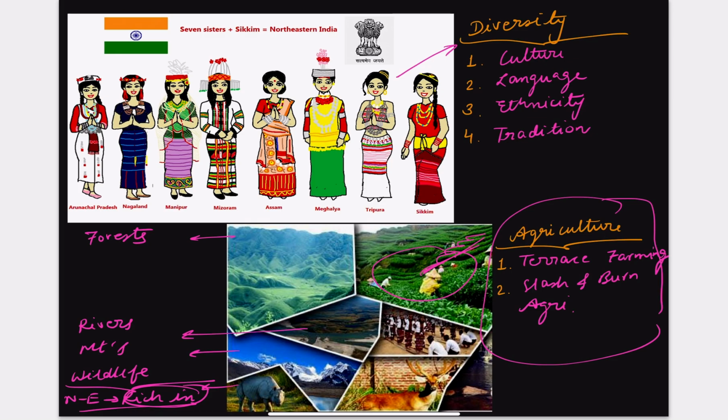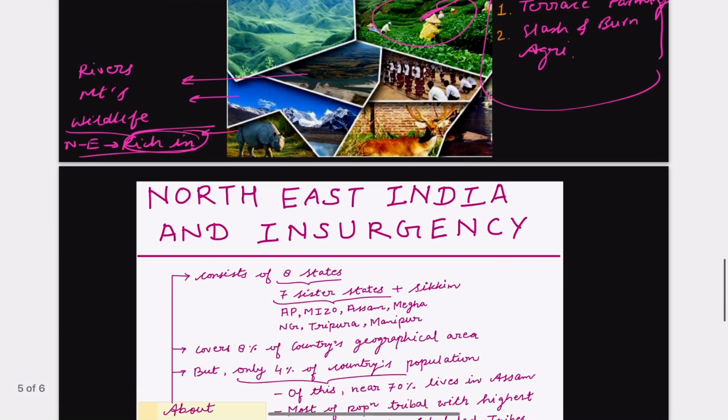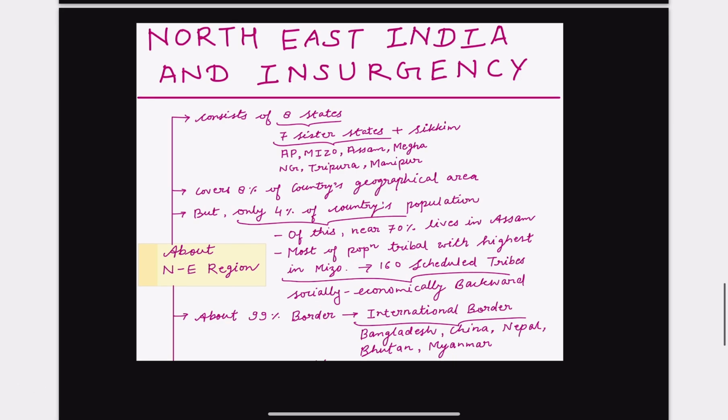Okay, so let's revise it once again. We just now saw that Northeast India consists of 8 states, and it covers 8% of the country's total geographical area, but the population living there is just 4% of the country's total population. And out of this 4%, the majority of the population of Northeast lives where?